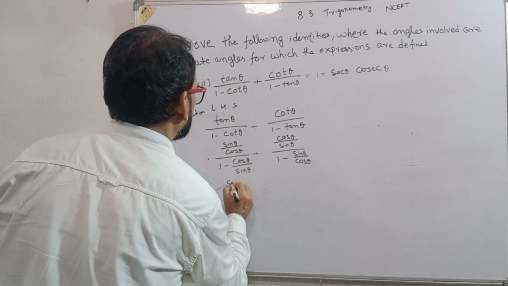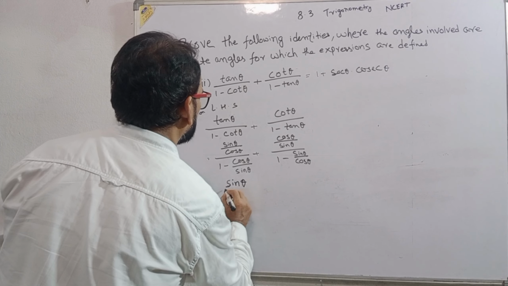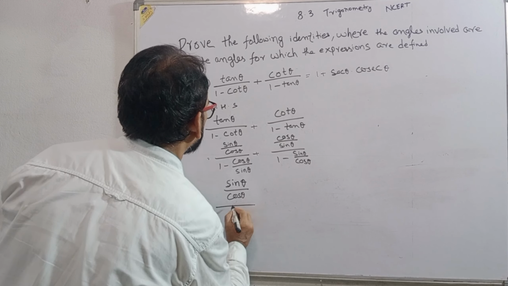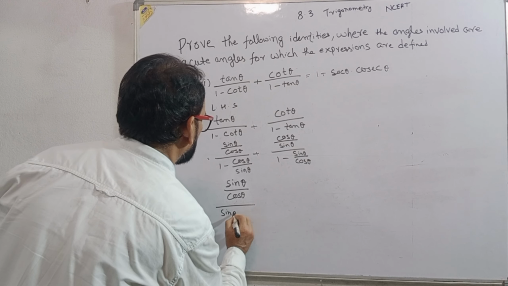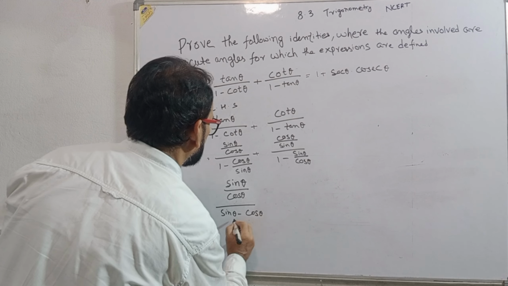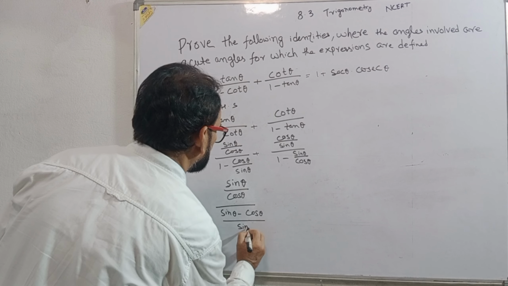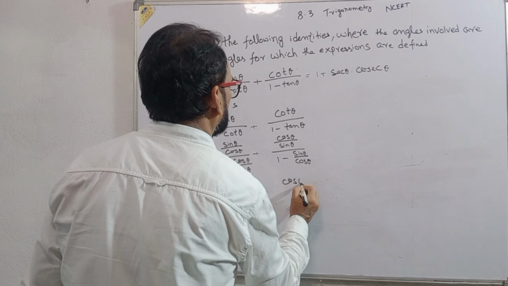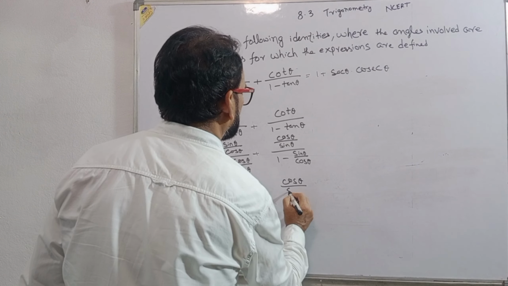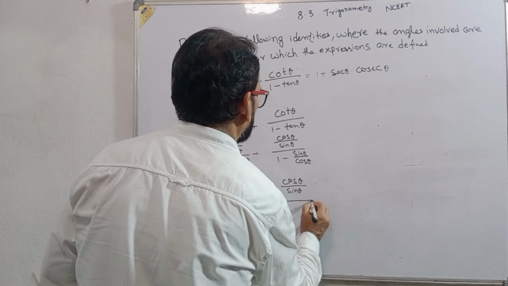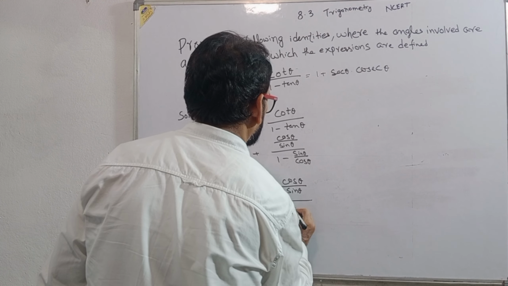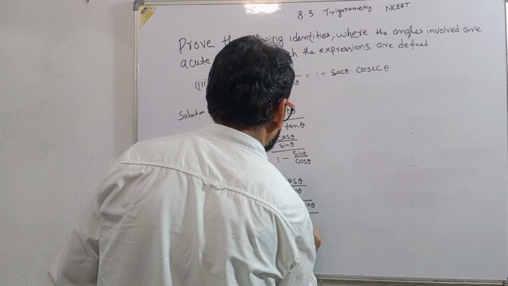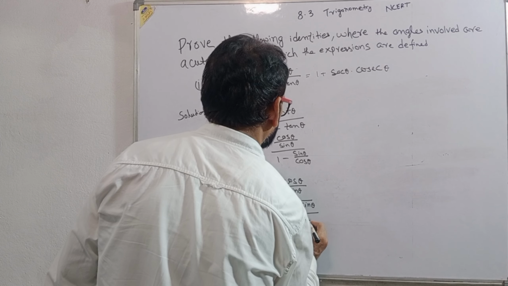Here sin theta divided by cos theta, sin theta minus cos theta over sin theta, plus cos theta divided by sin theta, minus cos theta minus sin theta divided by cos theta.